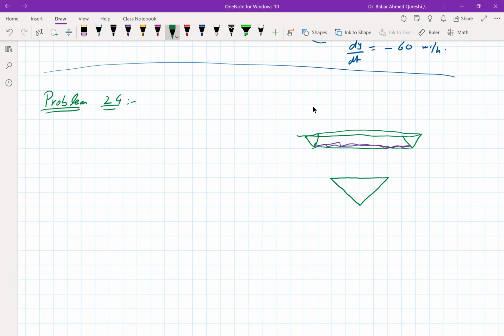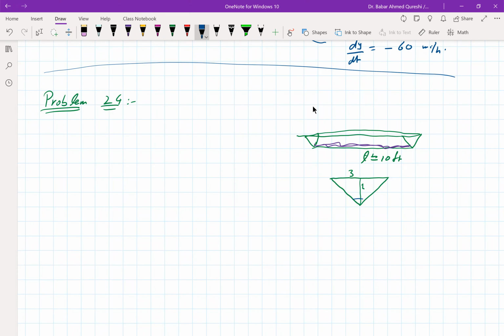And I'm told that this length is 10 feet. And this side is 3 feet. And this height is 1 foot.